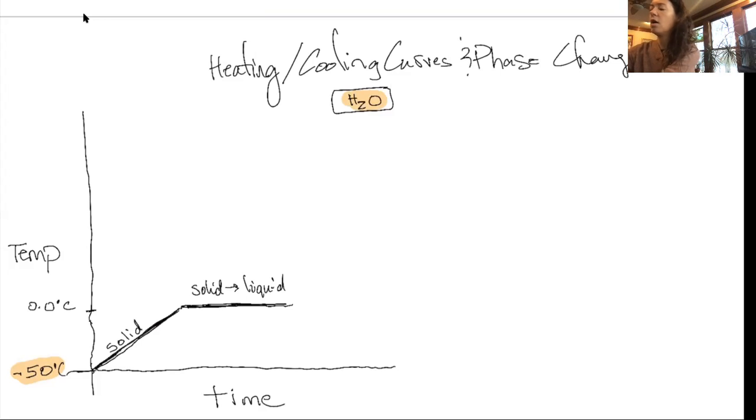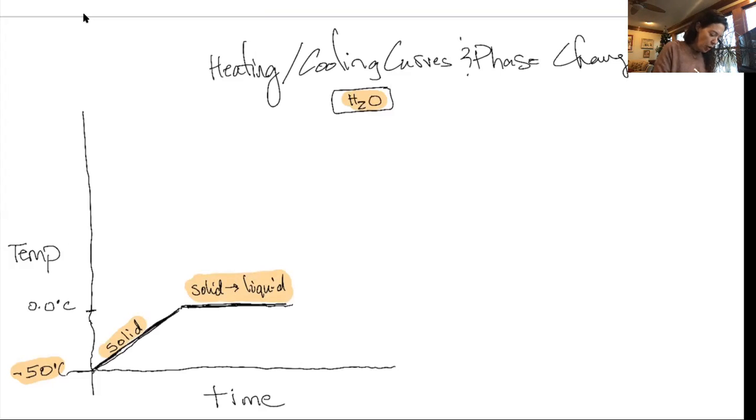Over here, as we add heat, we are causing more vibrations and more energetic motion. Right here, that is not what's happening; rather, we are overcoming intermolecular forces.